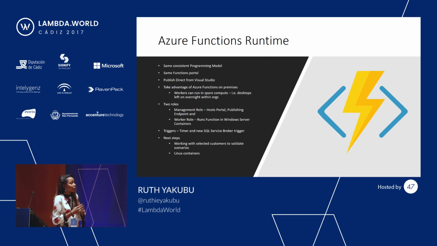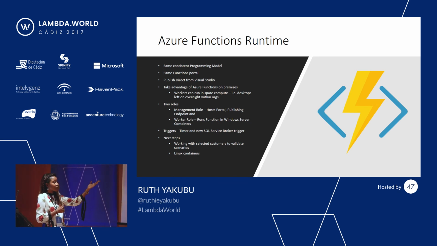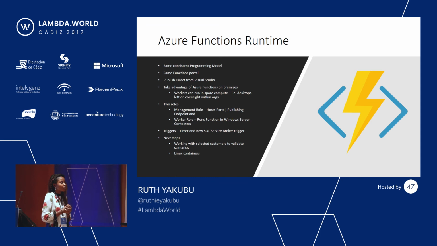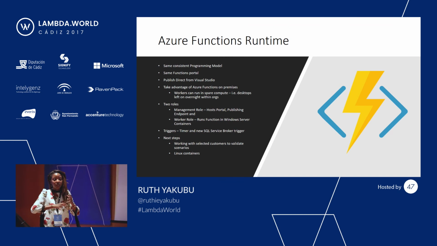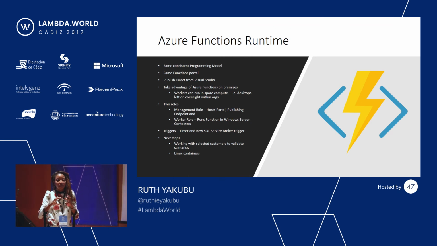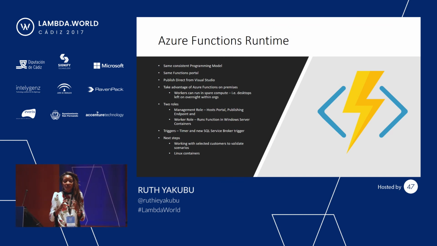You can use it when you're dealing with web workers. Like I mentioned, you can have triggers. So timers, SQL Server Broker triggers, you can totally use that. So all of this is also tying it back to functional programming with F#.